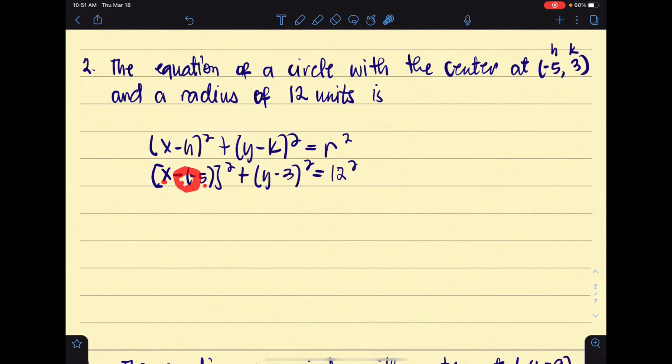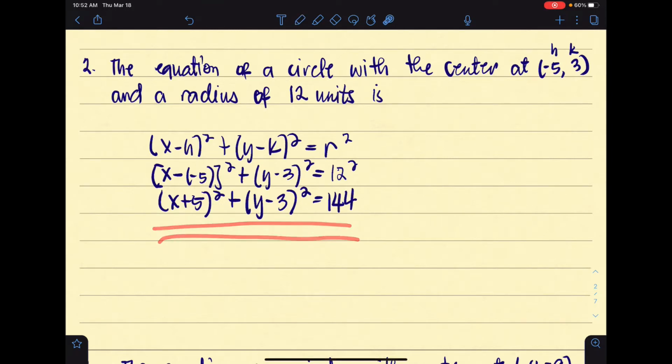We know that a double negative is actually positive: negative times negative is positive. So we have x plus 5 squared plus y minus 3 squared equals, and 12 times 12 is 144. This is now the standard form of the equation of the circle described in this item. So that is our final answer.